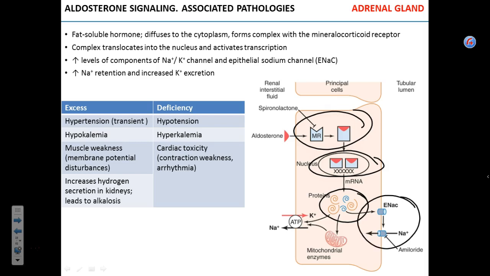They will increase the number of sodium channels and sodium-potassium pumps in the kidney cells. So this pump right here will move sodium into the extracellular fluid. Does that make sense?